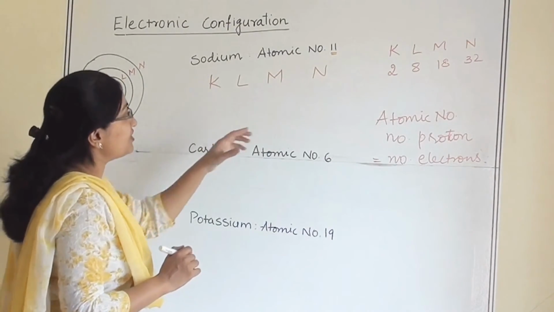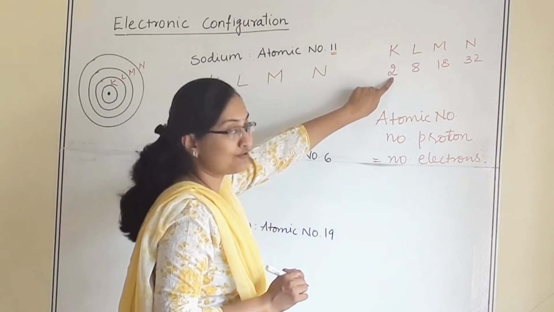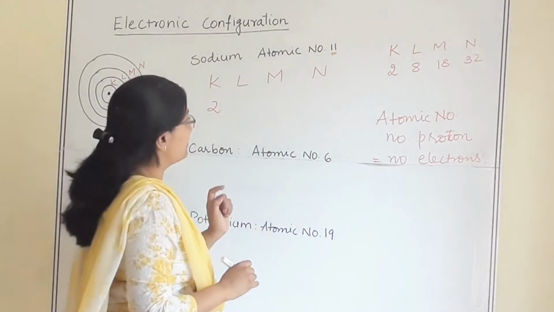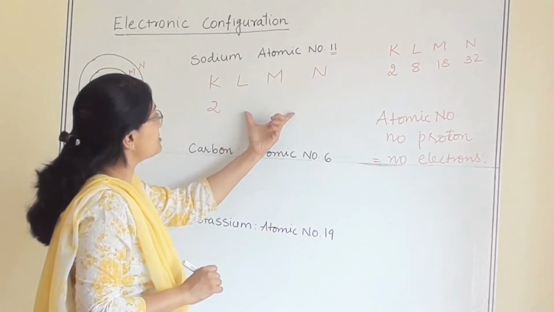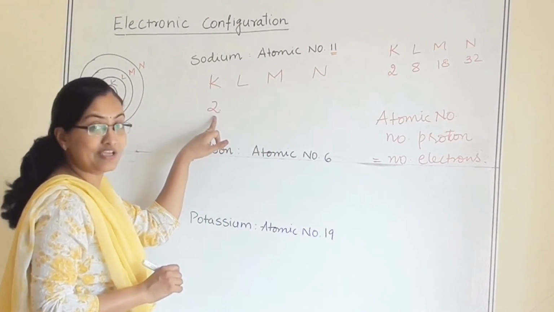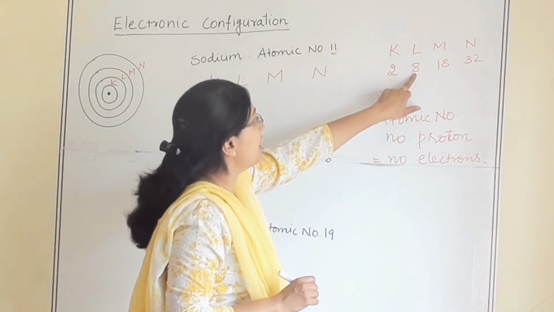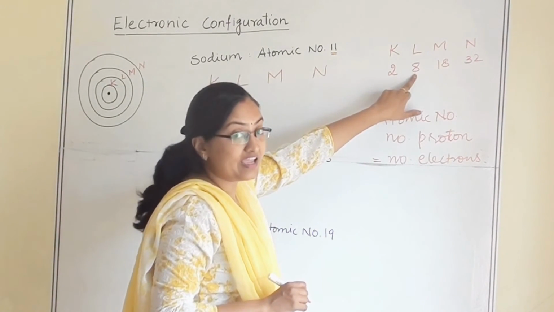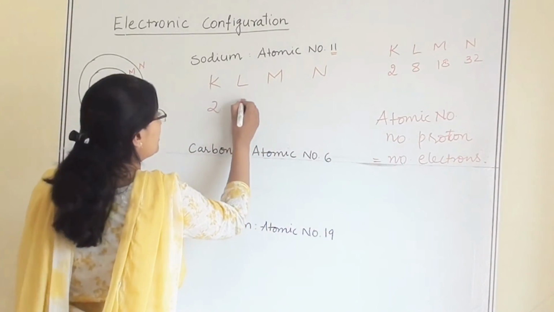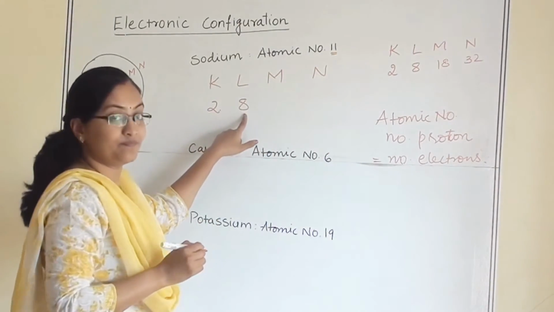So how are we going to distribute them? What is the capacity of K? 2. So I am keeping here 2. Now how many more electrons are left? There are 9 electrons left, because I have put only 2 here. L has a maximum capacity of 8, so I cannot put more than 8.